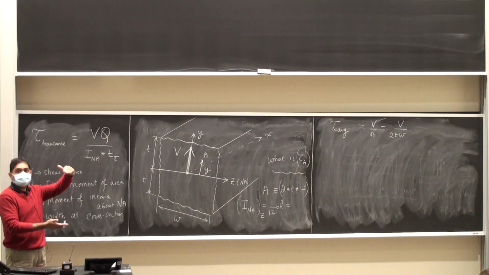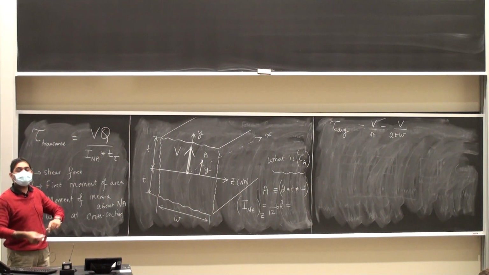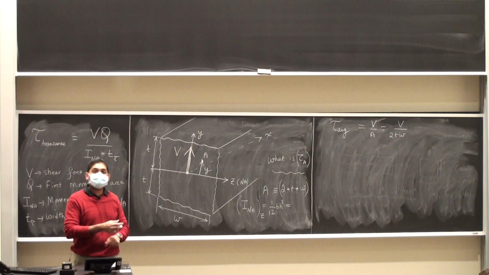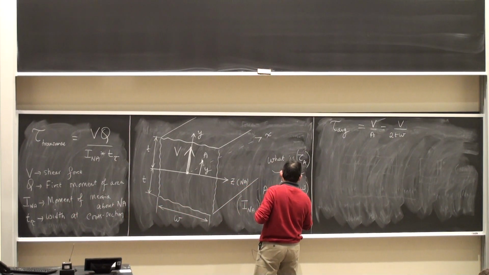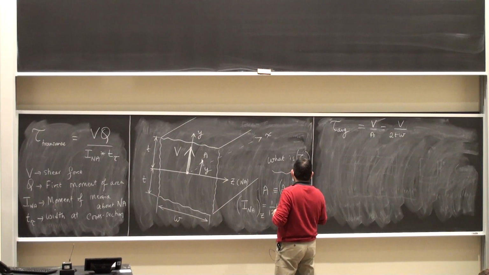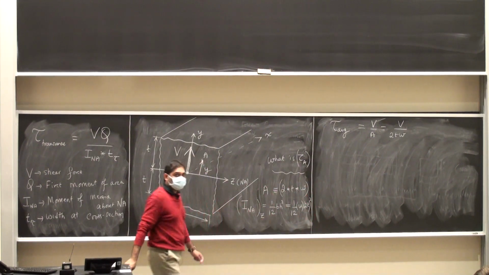You might remember this from statics, or this might have been a distant memory, but we are going to revisit all of these again. So this is 1 by 12 times W times 2T cube.